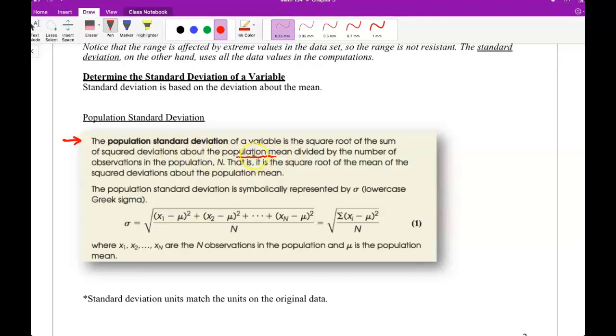So on this part, focus on population: here we divided by the number of observations in the population, or that is population size. So this one is population size, and these x1, x2, up to xn are data values.